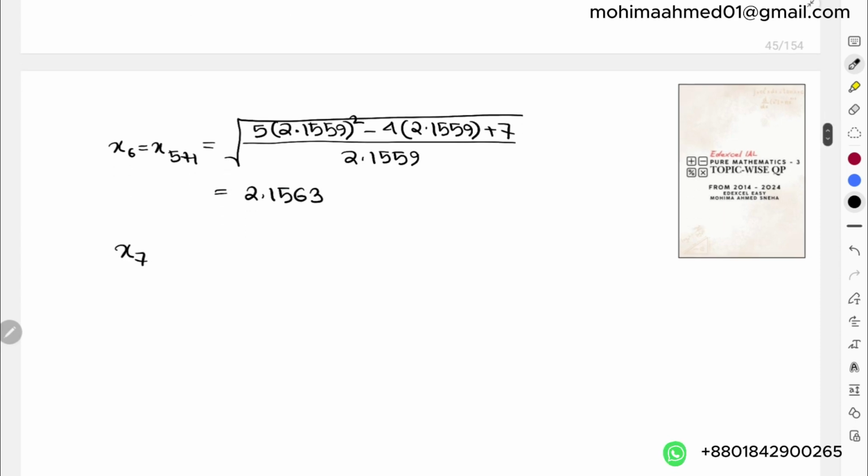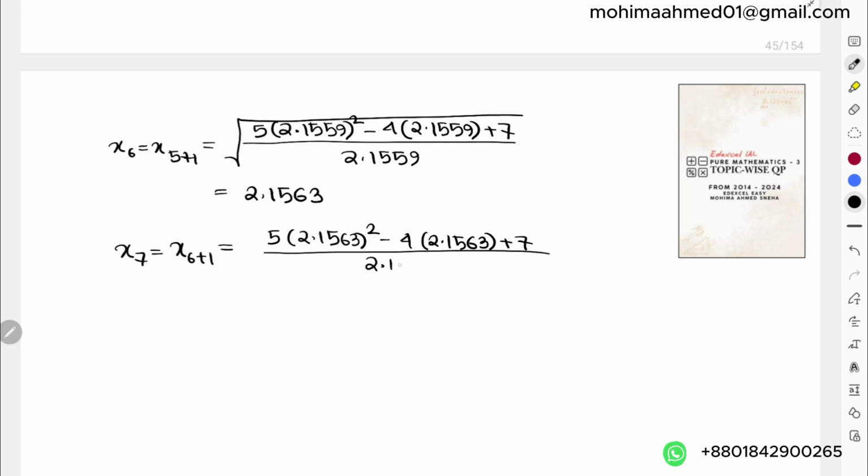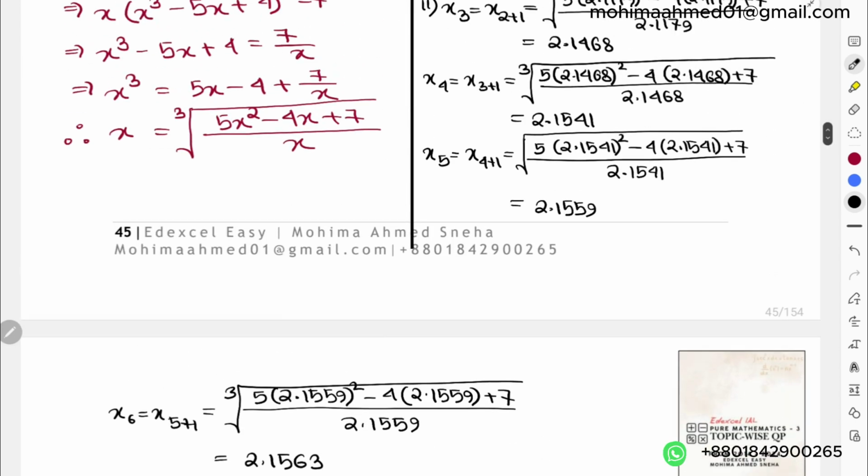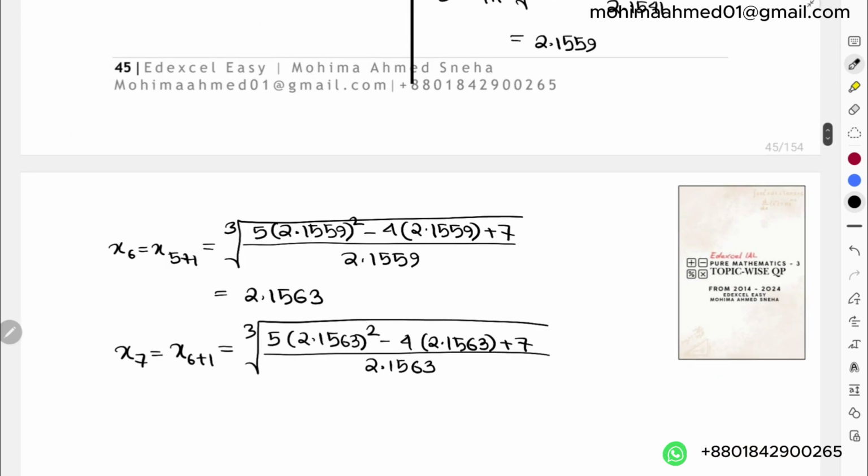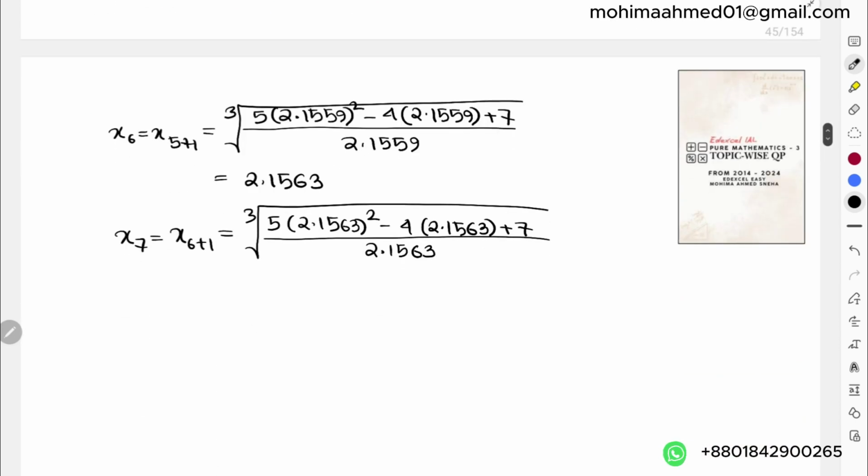So you can continue this for x7. All this time we had a cube root there, right? Sorry, I forgot to write this for the last 3 times, but the calculation was correct.